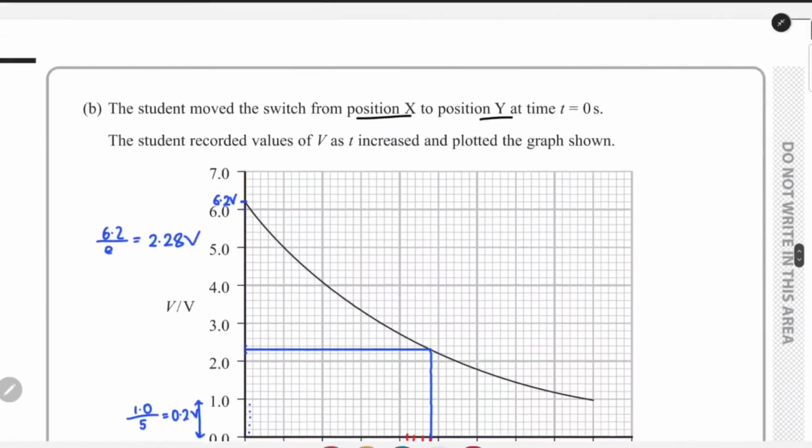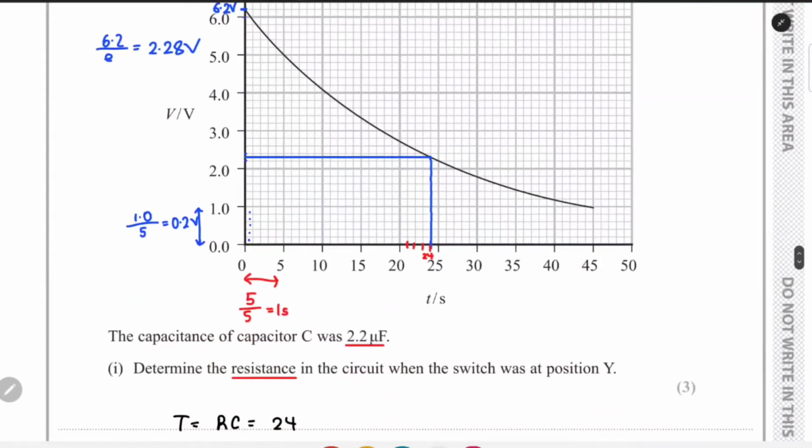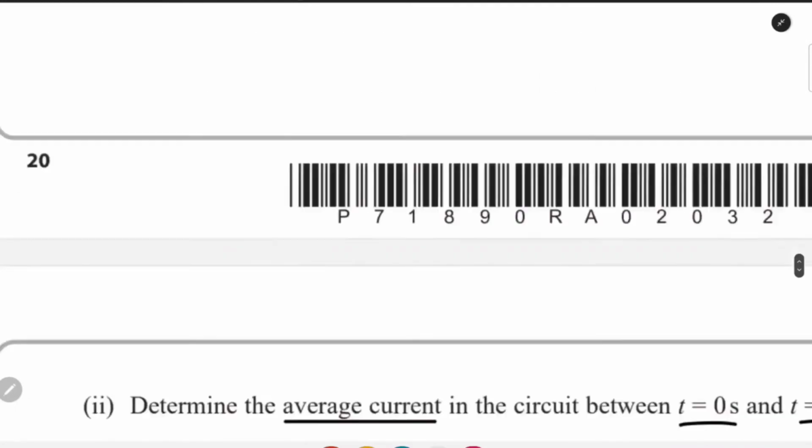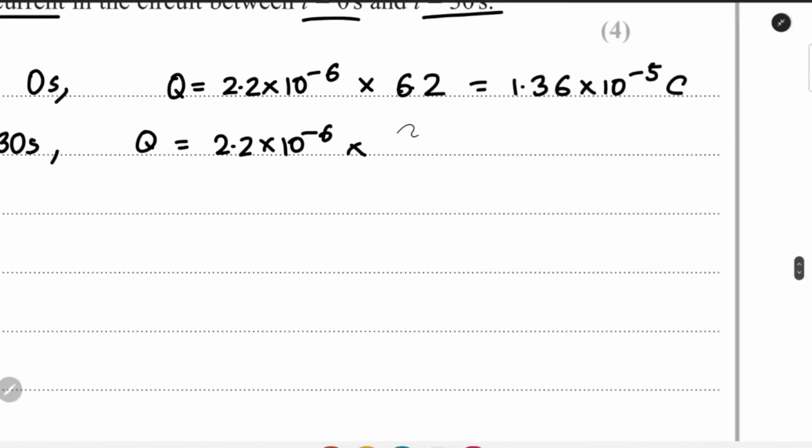We have to find this. So at t equals 30, we have this value over here. This corresponds to 1.8. So multiply 1.8 over here. This was 6.2. This comes out to be 3.96 times 10 to the power minus 6 coulombs.